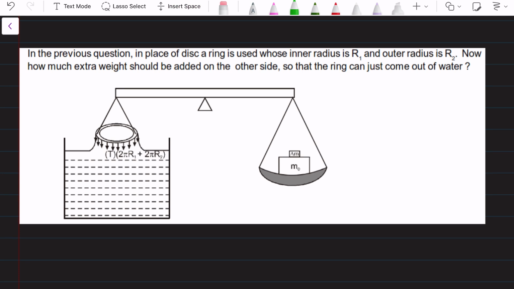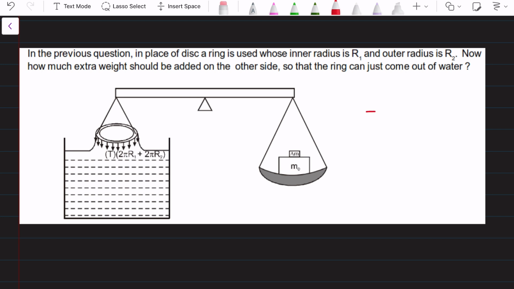In the previous question we used a disc, but in this question we have a ring. This is the ring, whose inner radius is R1 and outer radius is R2. The inner and outer radius are given.